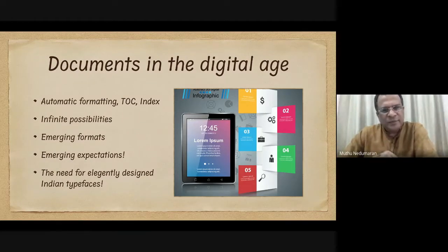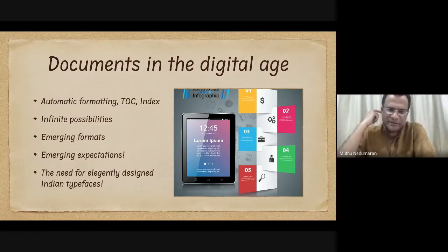But what about documents in the digital age? Today's books, if you look at ebooks, whatever format that may be, if it's a searchable ebook, you may not even need an index page at the end, because you can simply search for the text. So that has changed some formatting a little bit. And also, software tools allow automatic formatting of your document.